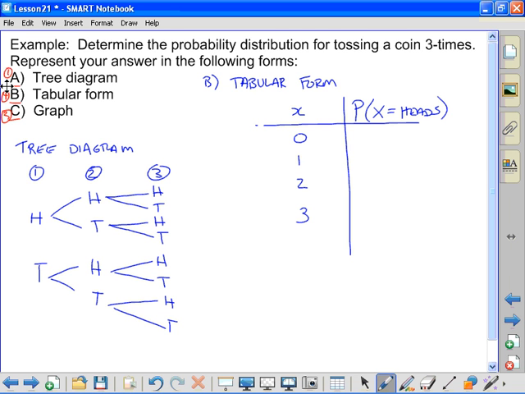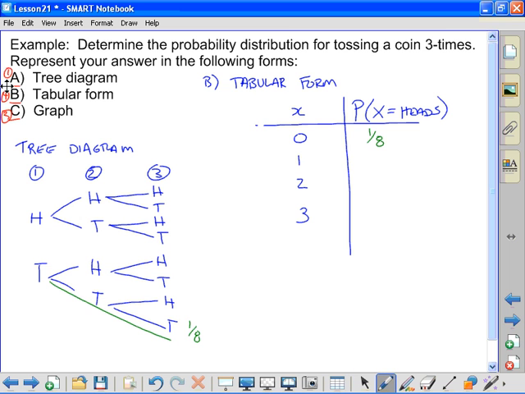What's the probability of each occurring? It's just a matter of following the pathway. For the first one, if I wanted to look at the possible ways to get no heads, that means it would be 3 tails. So there is 1/8 of a chance of that occurring. What happens if I want 1 head?